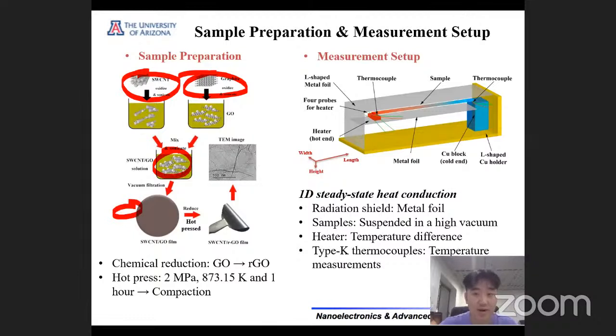Our samples are measured with a conventional 1D steady-state heat conduction measurement setup along a strip sample. To minimize the radiation loss, samples are surrounded by a metal foil radiation shield and suspended in a high vacuum. A heater was used to generate a temperature difference. Type K thermocouples are used for temperature measurement.